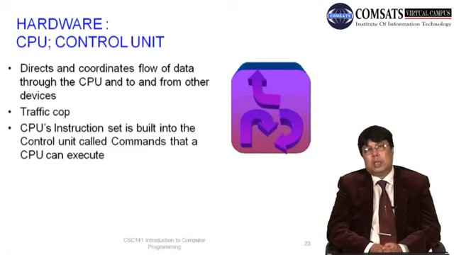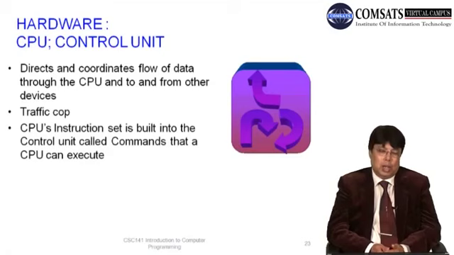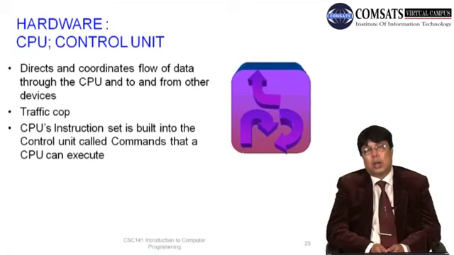People say that the role of the control unit is just like a traffic cop. Just like a traffic cop controls the signal and the traffic standing at the square of any boulevard, this is the job of the control unit: to control the traffic, meaning the traffic of the data.